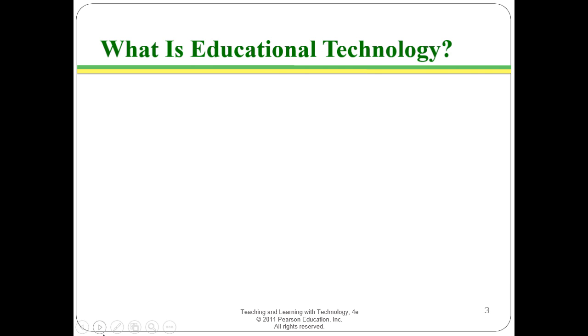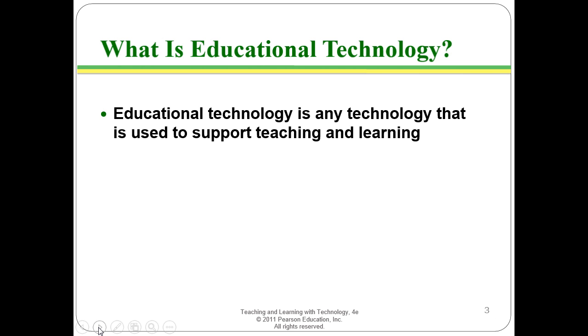First question is, what is educational technology? What does it entail? Our authors give us this definition right here. Educational technology is any technology that is used to support teaching and learning. Obviously, those are the two fundamental processes that ought to take place in our classroom.